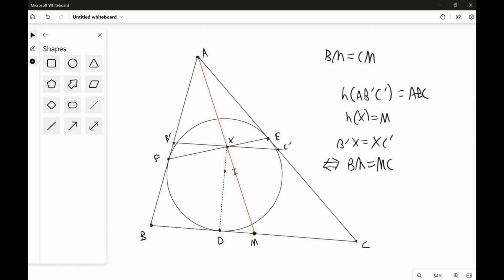So now we've gotten rid of the point M from the problem entirely. And now we just wish to show that B'X is equal to C'X. So how would we go about this?